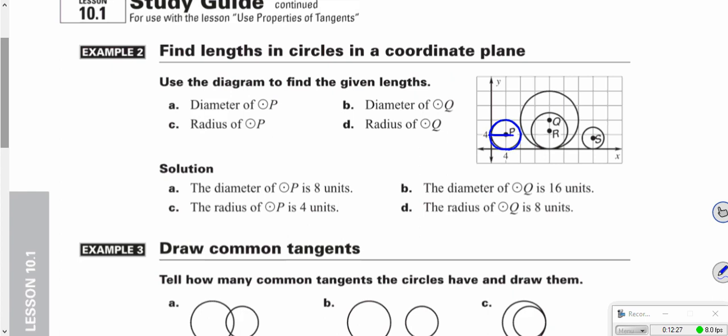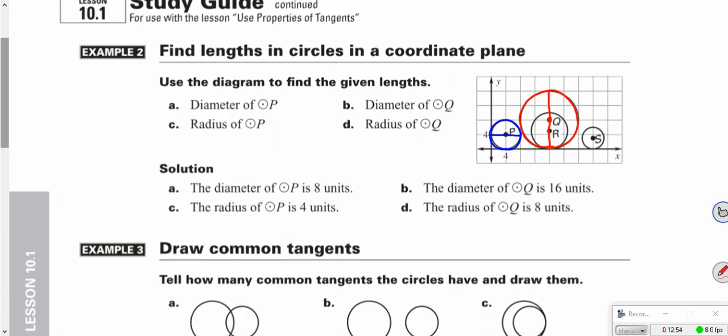So remember, diameter is all the way through, it's going to be 8. The diameter of circle Q. Circle Q is the big one, because when we name a circle, we always name it by its center. So circle Q, the diameter is 16. We go 4, 8, 12, 16, all the way through. That was a crooked diameter, but you get the idea.